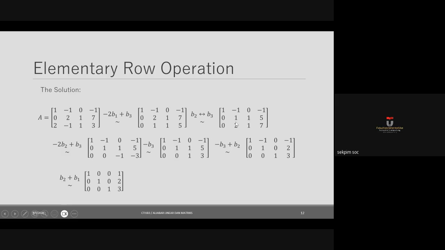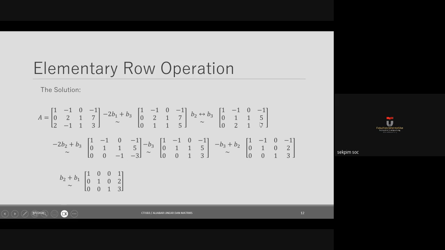So this one is 2 plus -2 times 1. So you get 0, right? This is what we want. And next we have 1 plus -2 times 1. -2 times 1 is -2. -2 plus 1 is -1, right?